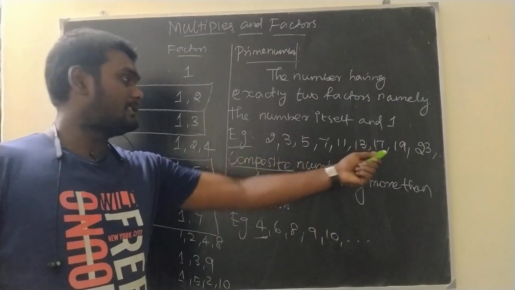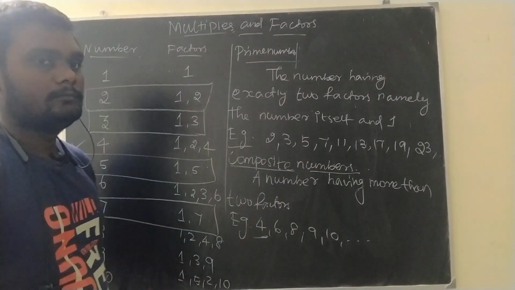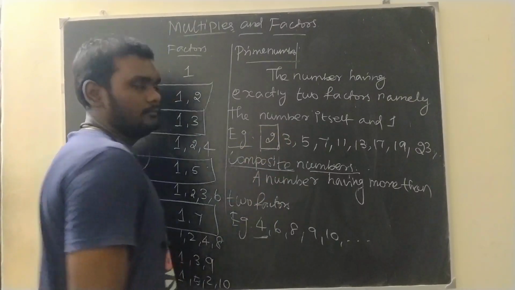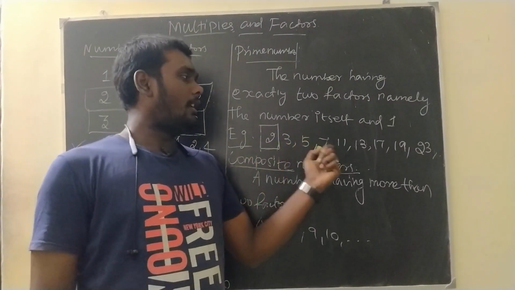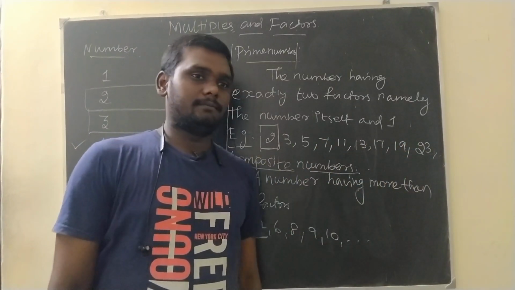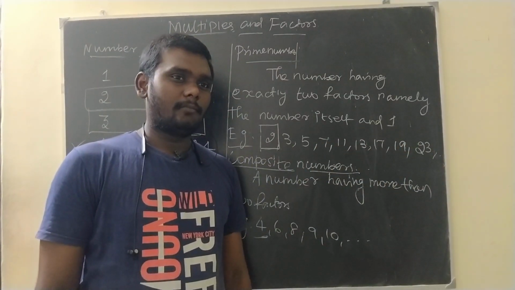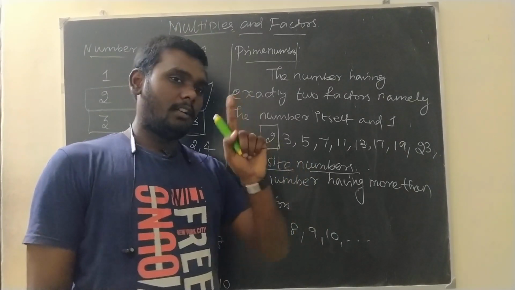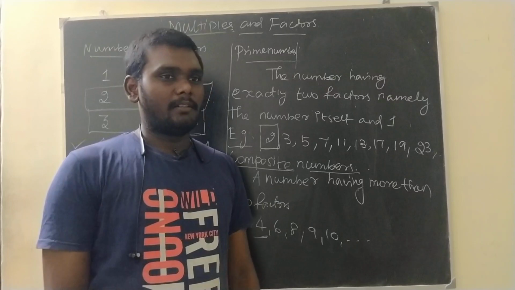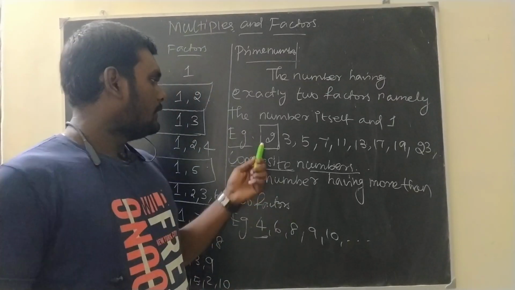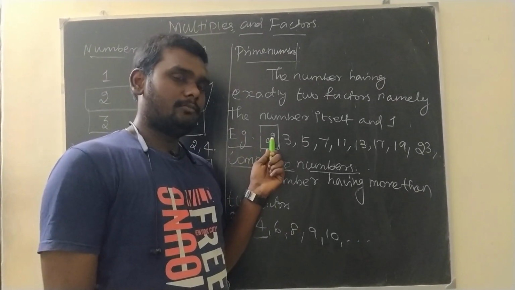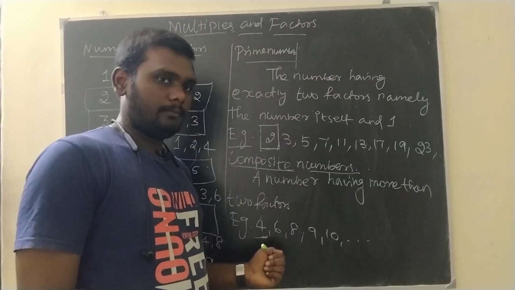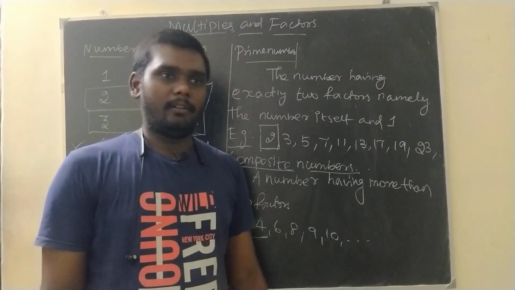In the same way, the least prime number is 2. And there is one special thing about this 2. Except 2, all the prime numbers are odd numbers. Can you see? So, even prime means only 2. Other primes are odd. So, the smallest prime number is 2, and that is even, which is special about it. And the smallest composite number is 4. The greatest cannot be determined.